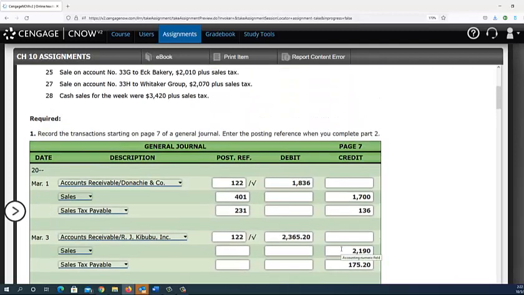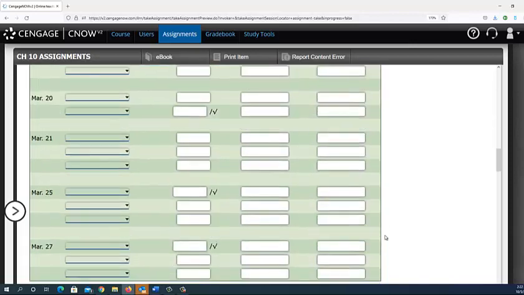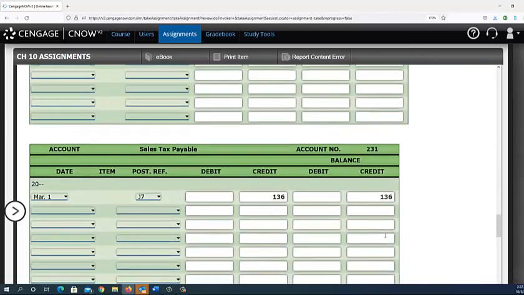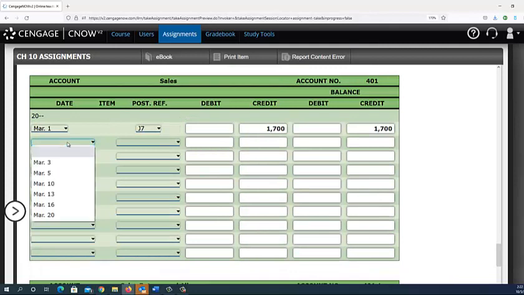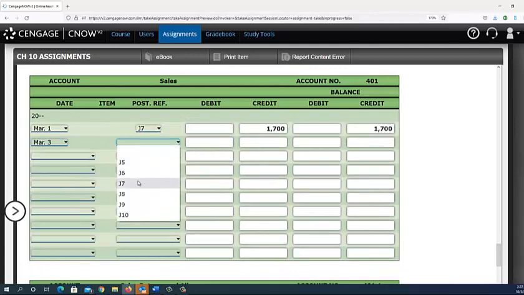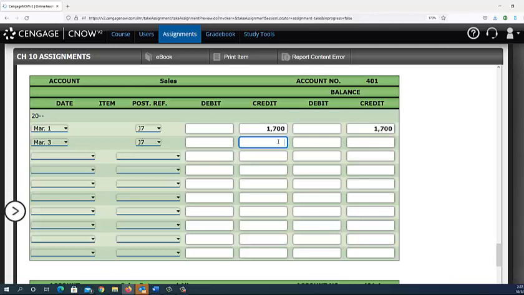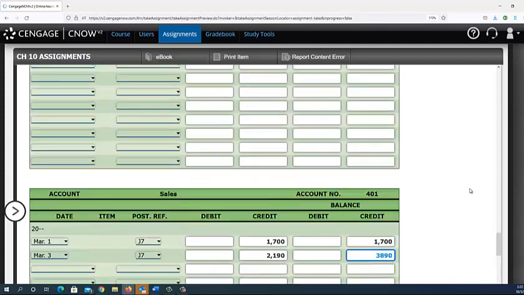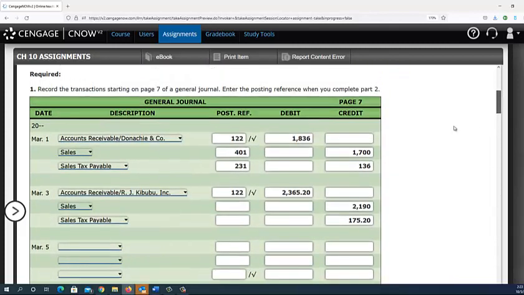All right, next we'll go to sales and enter the credit for $21.90. And I have a credit and a credit, so I add and get a credit of $38.90. So we'll enter the posting reference, and now we'll enter the sales tax entry.